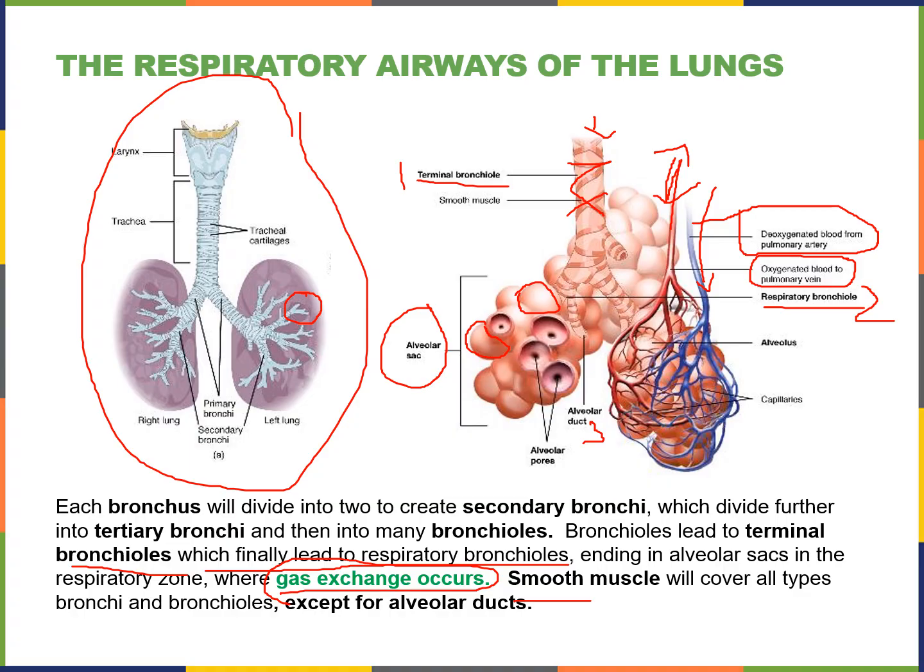Anyone who has asthma probably would be very familiar with the fact that one of their treatments is something called a bronchodilator, because asthma is caused by an inflammatory response in the bronchioles, the airways.